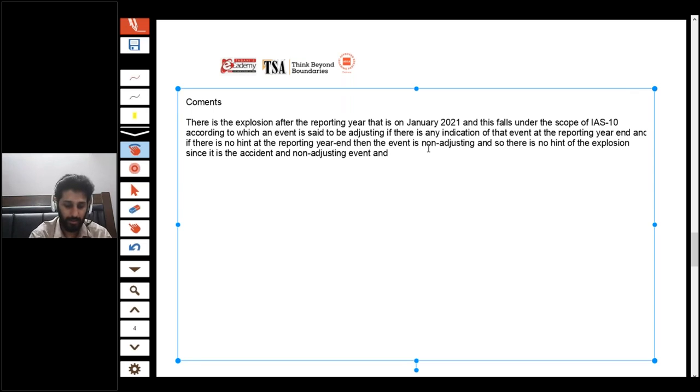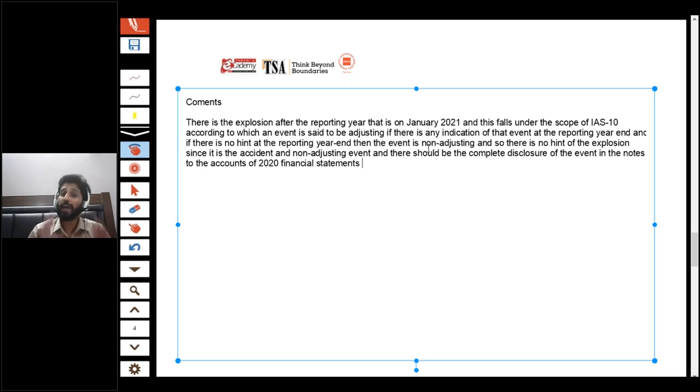And there should be the complete disclosure of the event in the notes to the accounts of 2020 financial statements.